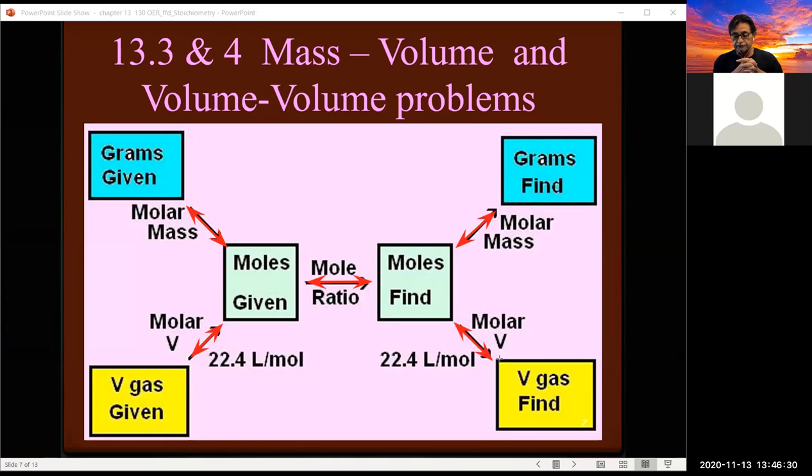So you're not limited, like I stated, to going one way, because you can start at the bottom corners in the yellow region and go up any direction from that point. Okay. So that part is important as far as grasping all these calculations. This flow chart here answers the questions. We just did the examples in the green where we were given grams and working our way to grams find. Okay. Now you can add the STP conditions.